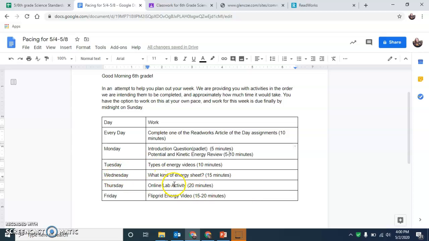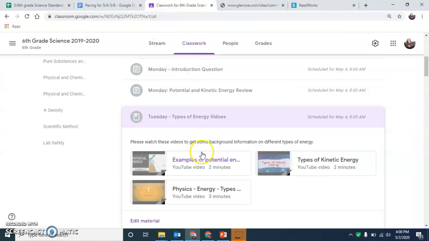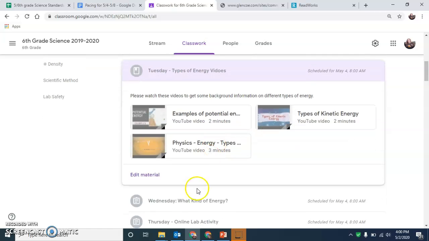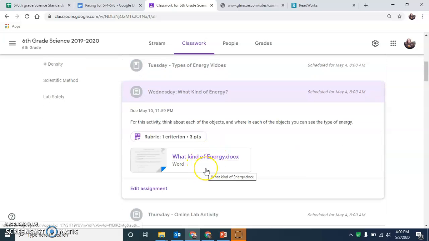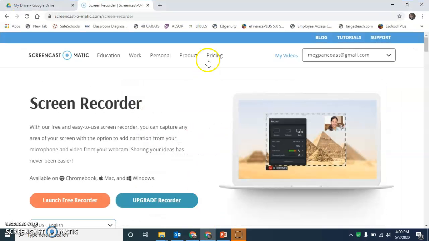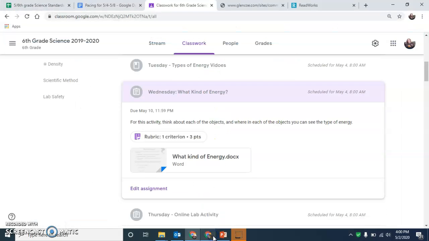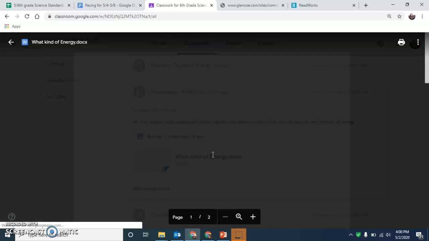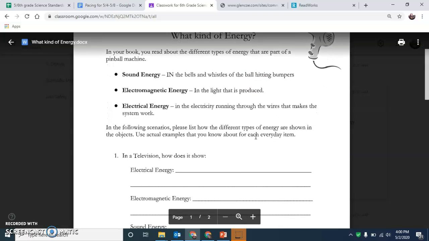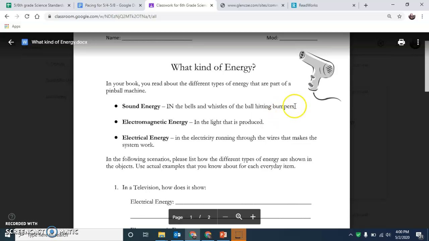On Wednesday, you're going to do the what kind of energy sheet. What that looks like is you're going to click into the rubric, go through, and answer the questions. As you can see, it gives you an example up here.